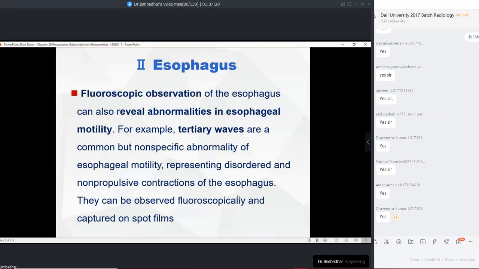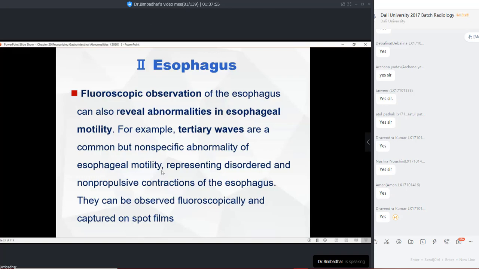We'll talk about that shortly, and they actually cause tertiary waves, because of the smooth muscle contractions there. When there is no abnormality of esophageal motility, the final destination of the food or whatever content you have taken through the mouth is the stomach.